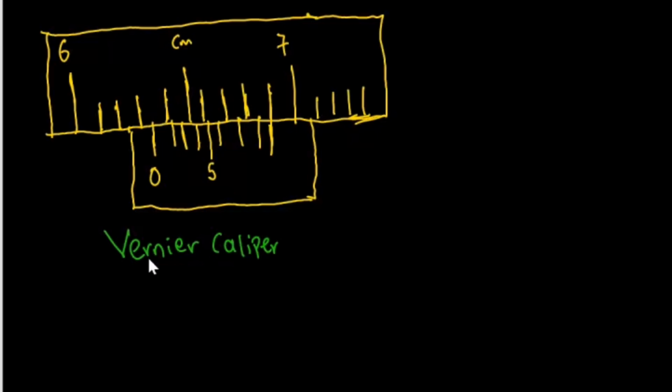And a vernier caliper, just as is shown on your screen, consists of 2 scales. The one above is called the main scale, and the one beneath is called the vernier scale. Now, for us to read a vernier caliper, we have to get our reading on the main scale and then our reading on the vernier scale.